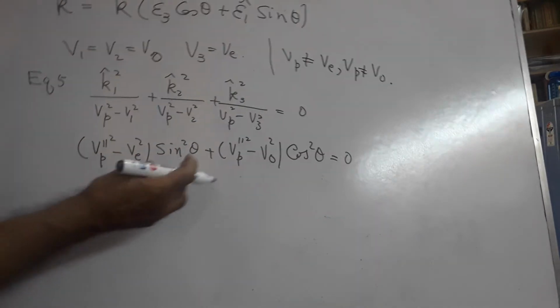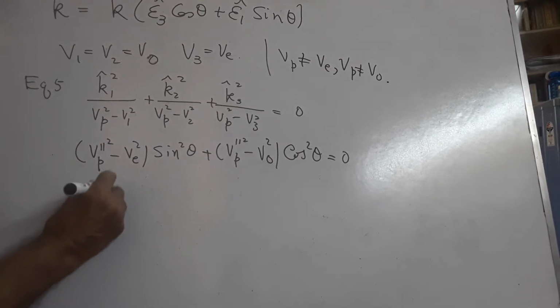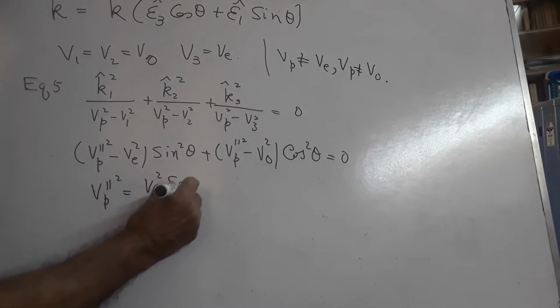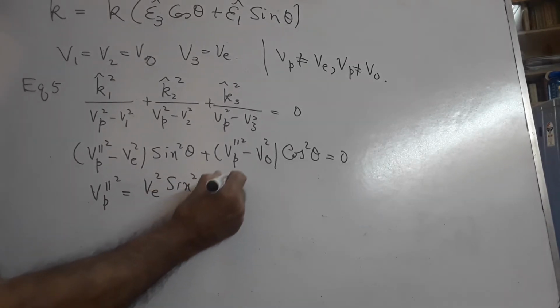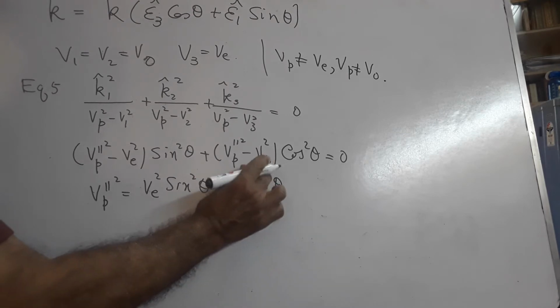So from here I can immediately get my Vp prime. So Vp prime squared equals Ve squared sin squared theta plus Vo squared cos squared theta.